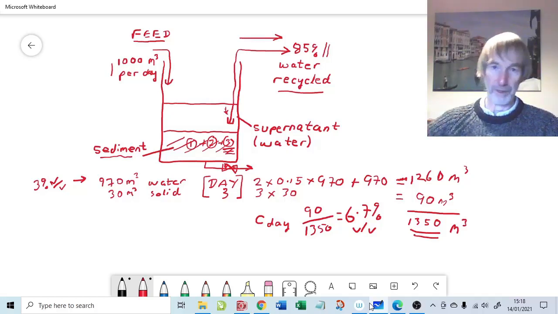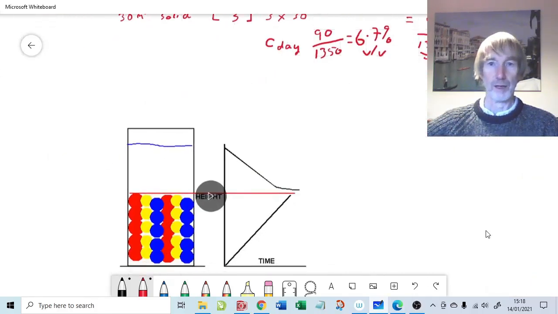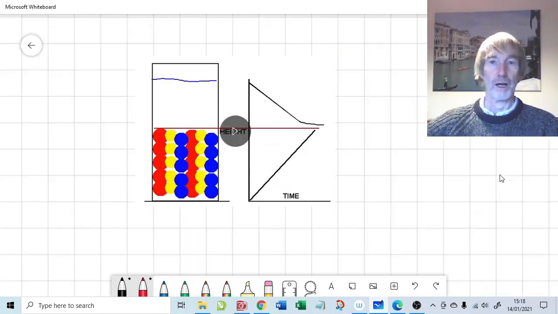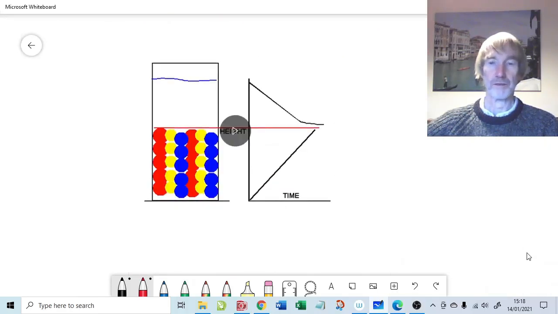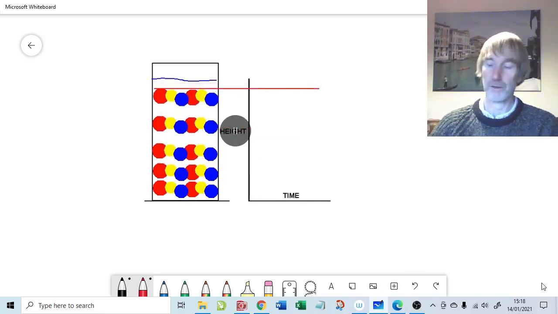Now let's talk about batch sedimentation. So if I move this down a little bit, I'll put in the rubric underneath the video a link to some pictures of batch sedimentation, but I want to just demonstrate here what's going on inside the process of batch sedimentation.